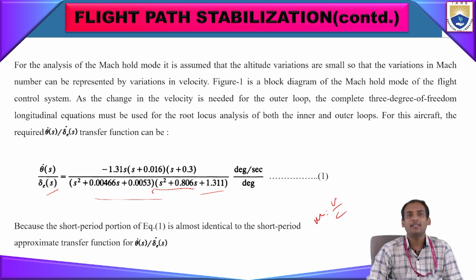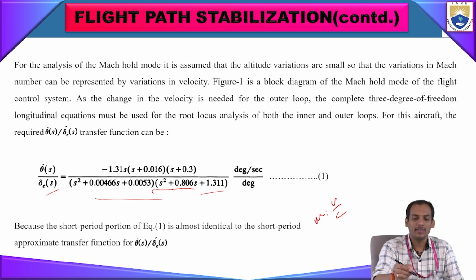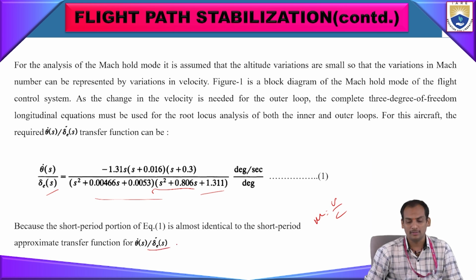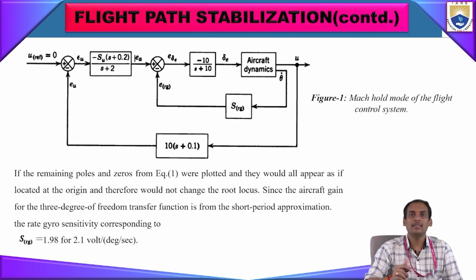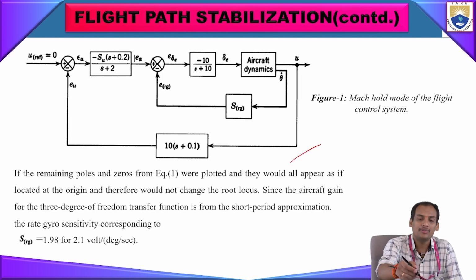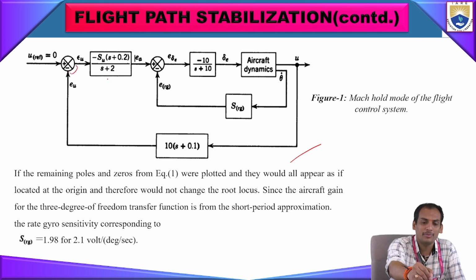It is almost identical to the short period approximation of the transfer function theta s by delta e of s. So here you see the block diagram of this one. This is a summing amplifier, and this is a separate transfer function, and there is an inner loop.